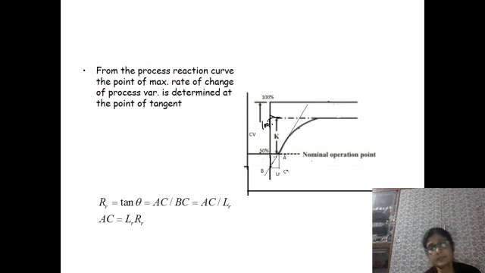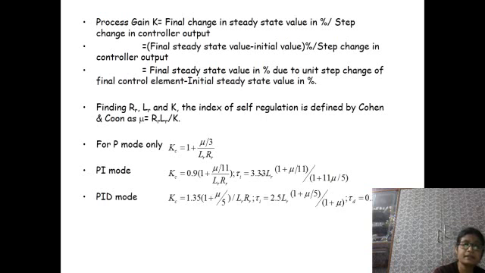For the step change of the final control element, the response characteristics look like this, and by drawing the tangent we can find the maximum rate of change of process variable, that is the process reaction rate, RR. So from here the values can be determined.